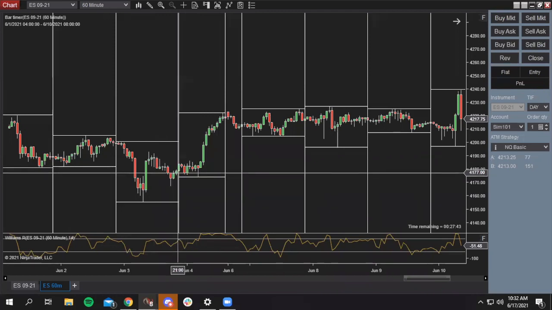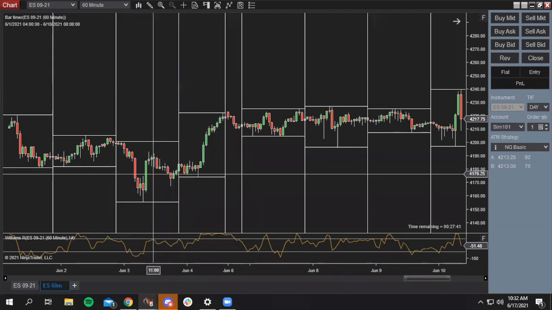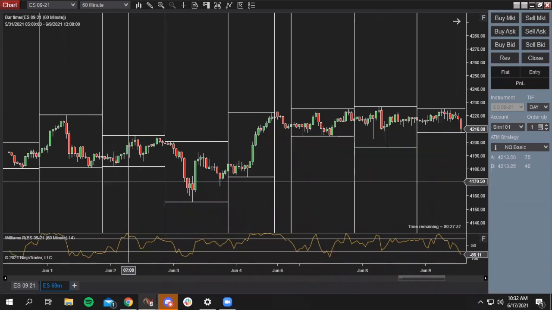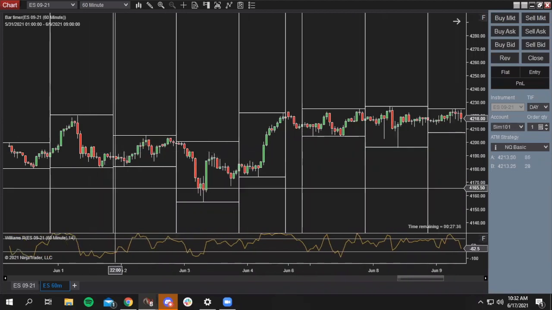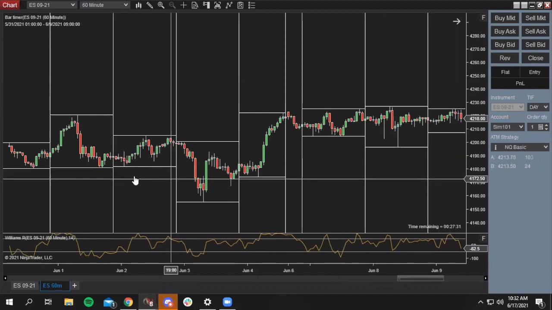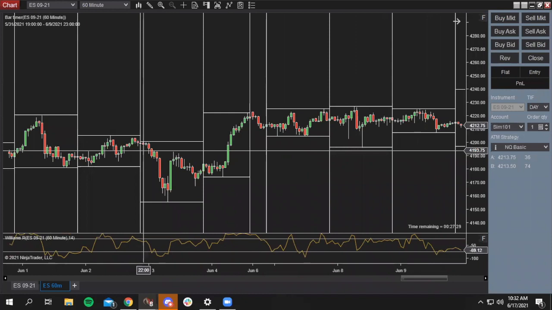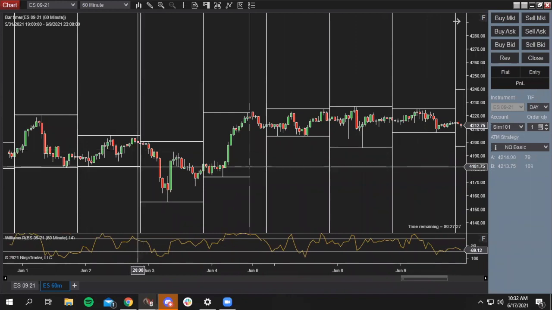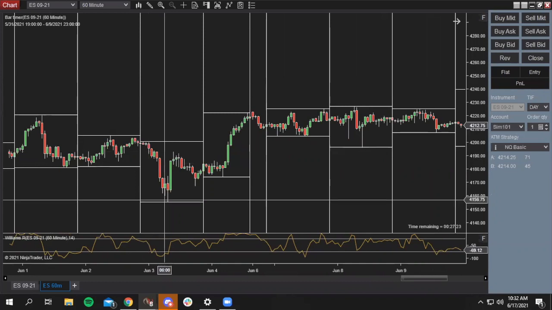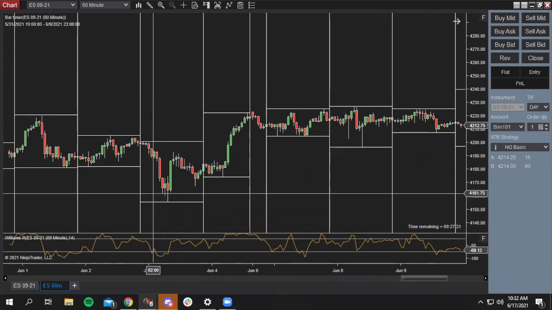But what you're looking for is whether, during the London session, it breaks a high up here or a previous low. That's the main thing you're looking for. I won't get too far into this, but essentially the thesis goes that if London breaks a high or a low right away, the rest of the day reverses.